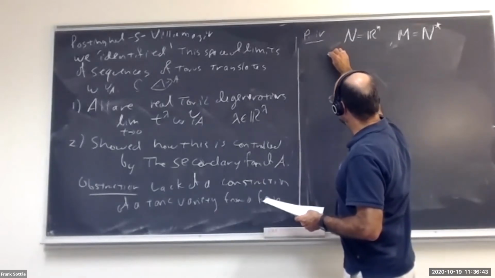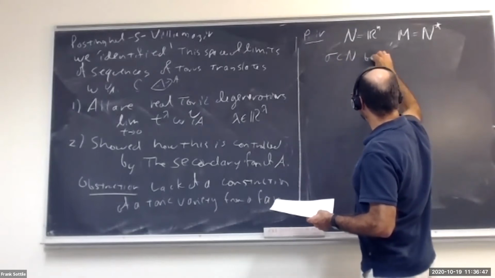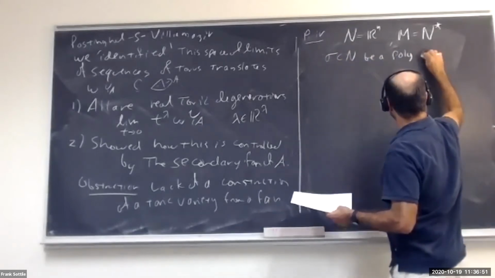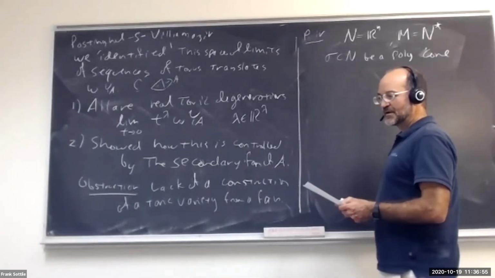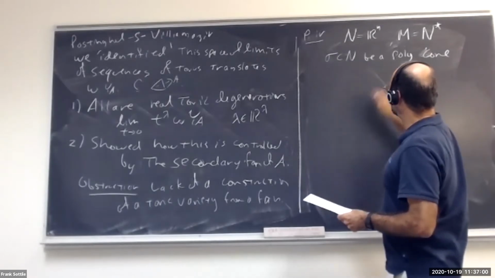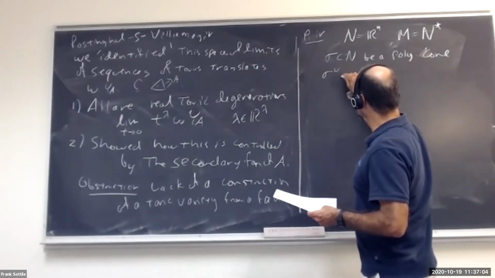So I'm going to let sigma contained in N be a polyhedral cone. So it's given by the intersection of finitely many half spaces. They can be irrational, and then it has a dual.